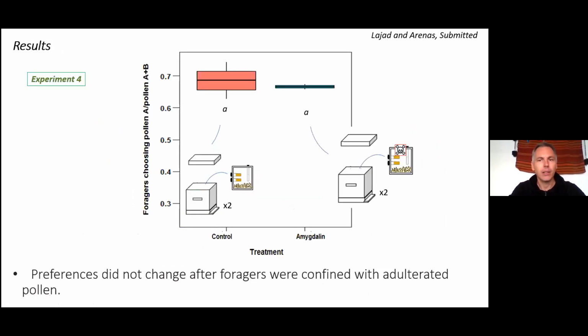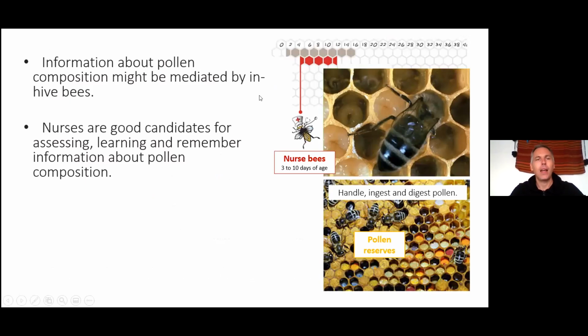Here, we found no differences, meaning that foraging preferences did not change after these individuals were confined in strict contact with the adulterated pollen. What might we say about these results?